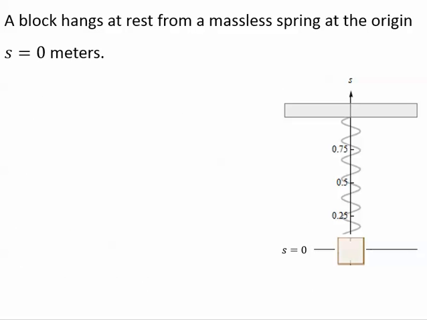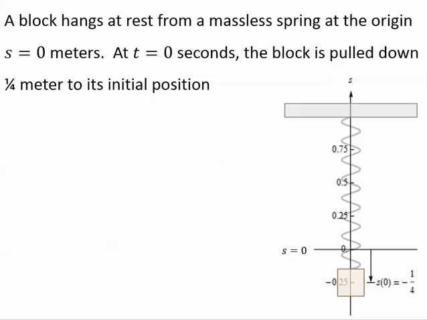Let's do a different example. A block hangs at rest from a massless spring at the origin. So when the block is at the origin, it's at position 0, and that's hanging at rest. Now suppose we take this block and we pull it down 1/4 of a meter, and we're going to call that the initial position.